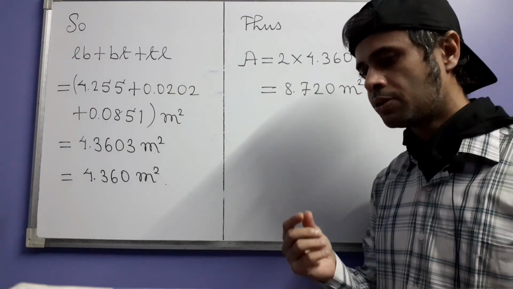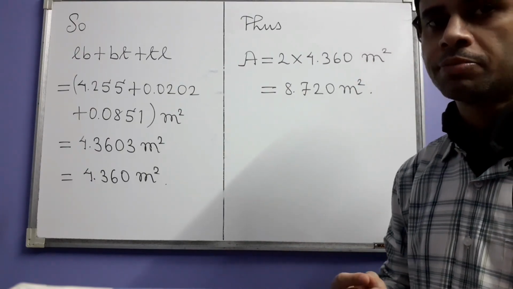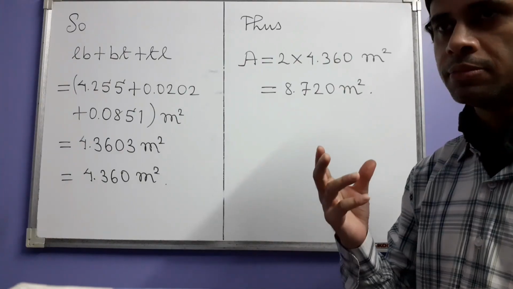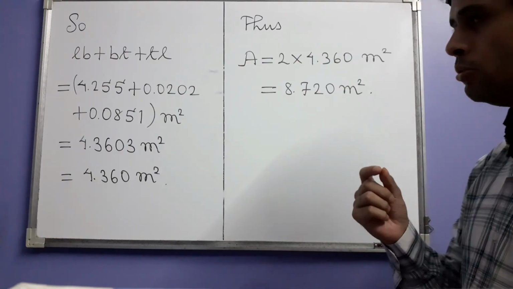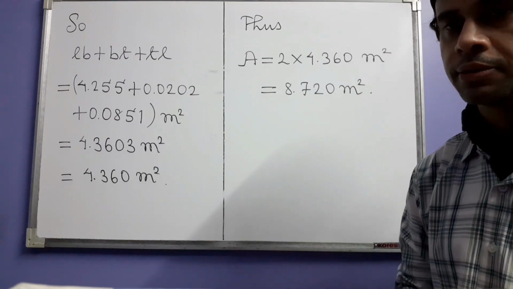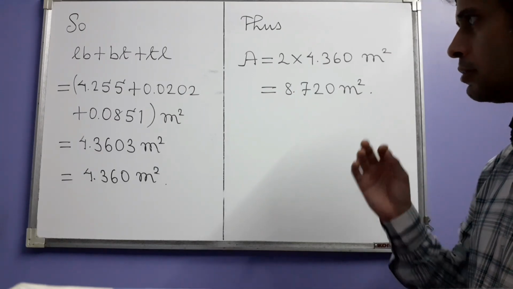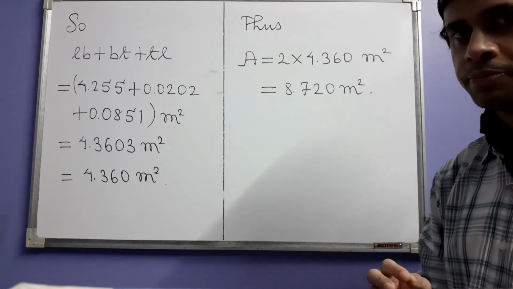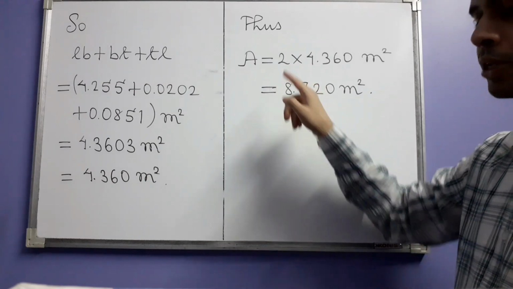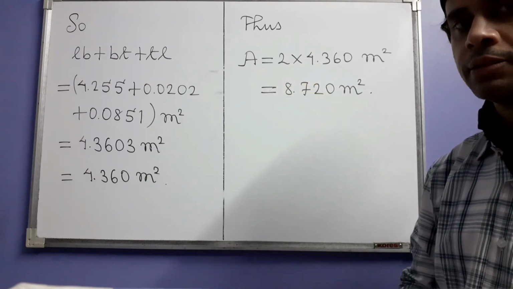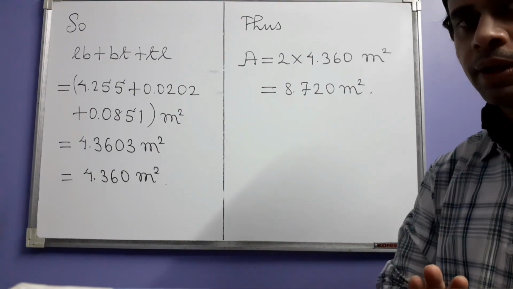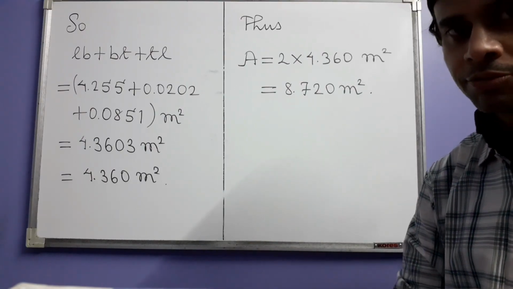I mean, you haven't got 2 from any physical experiment in which you measured 2 using some device. 2 is a mathematical quantity. It's an absolute constant, and by one of the rules, any such mathematical quantity, whether it is 2 or pi, something which does not come from experiment, is supposed to have infinitely many significant figures.